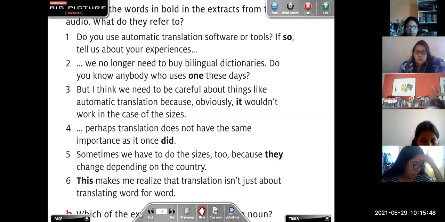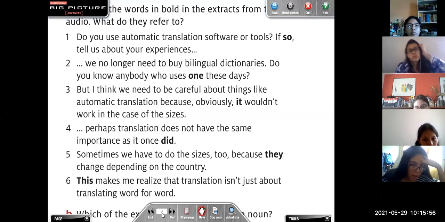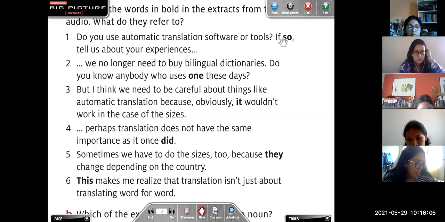Okay, so tell me, number one, it says, do you use automatic translation software or tools? If so, tell us about your experiences. So here we have a word in bold. If so, it says. What does this refer to? Maybe if the question is true. Okay.